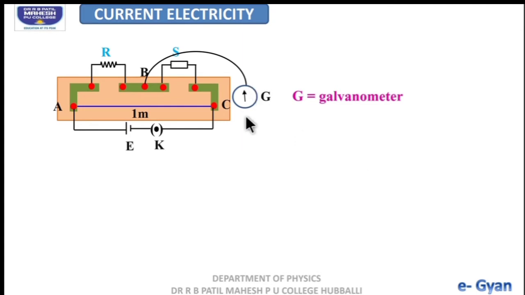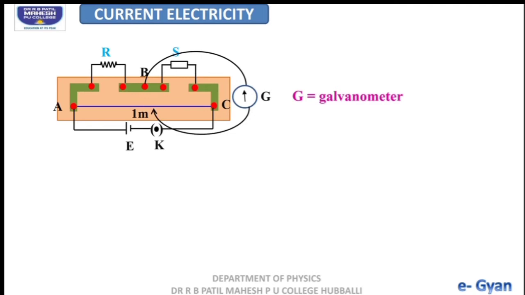Now I will move the sliding contact from point A towards point C, and at a certain point in between, somewhere on this wire, we get 0 deflection, and that point is called the balancing point.